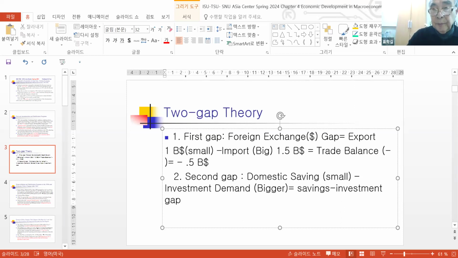Therefore, they had to borrow funds from abroad.